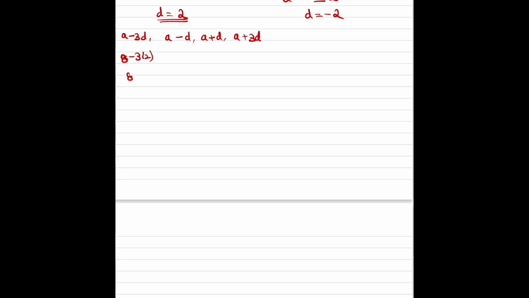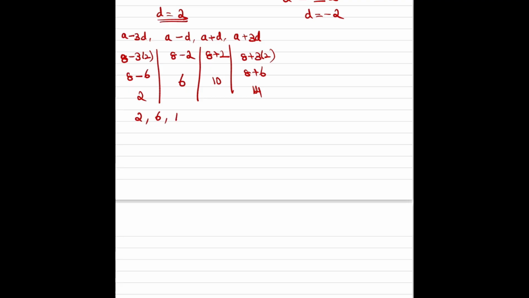So 8 minus 6, 2. Next A minus D, 8 minus 2, that is 6. 8 plus 2, 10. 8 plus 3 into 2, 8 plus 6, that is 14. So the 4 terms of the AP are 2, 6, 10, 14.